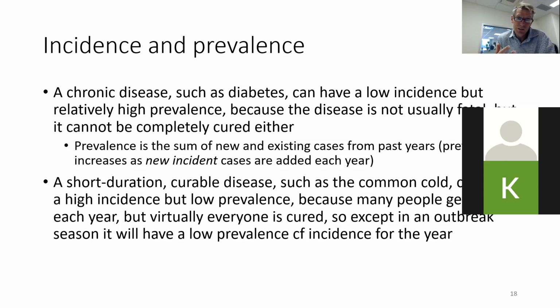But for chronic diseases like diabetes, it's best to look at the prevalence of diabetes in the community, because that tells you how many people are living with diabetes in your community. You can also look at the number of new cases, that's the incidence, but they're just a bit different.